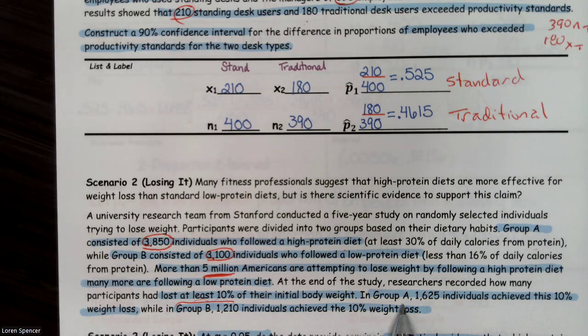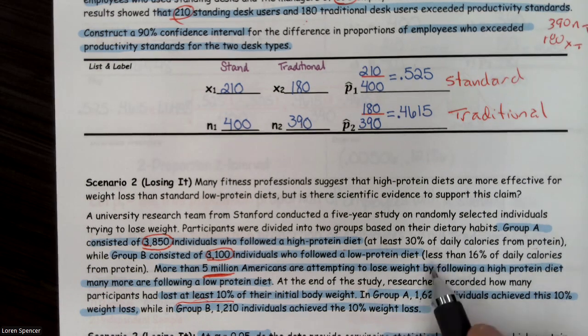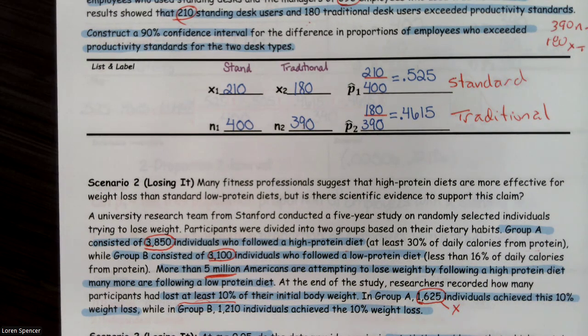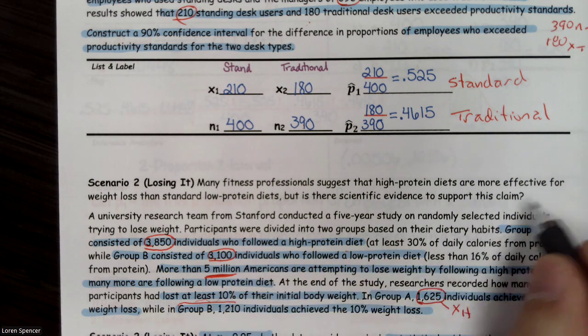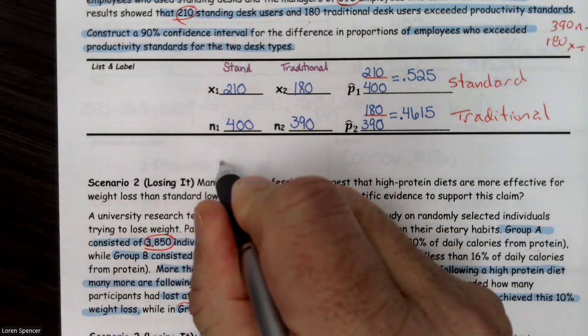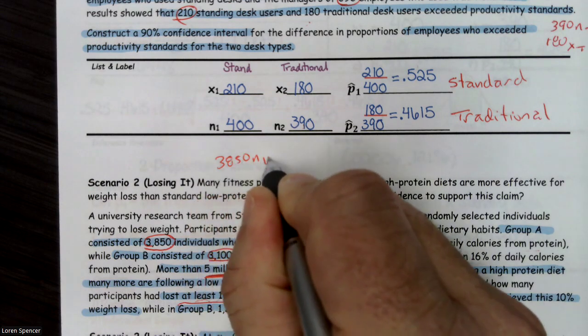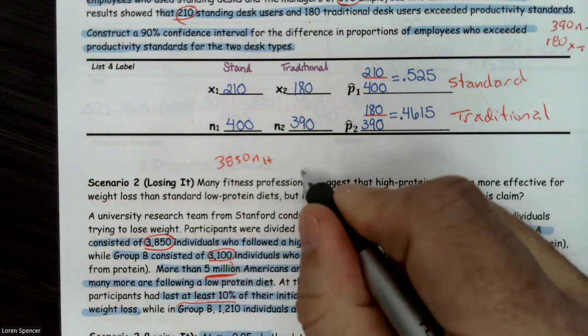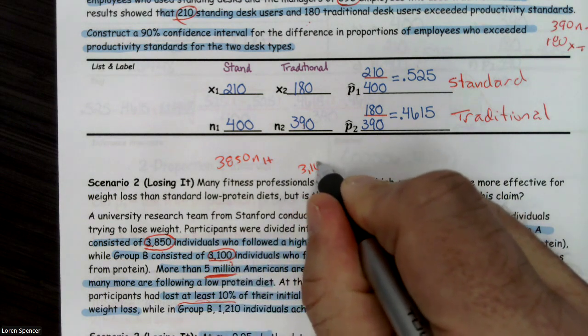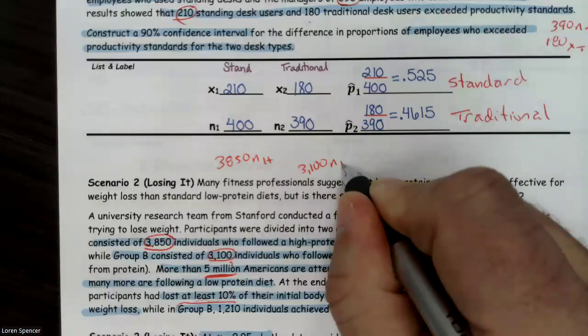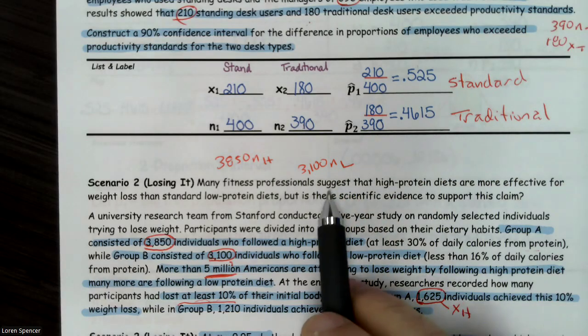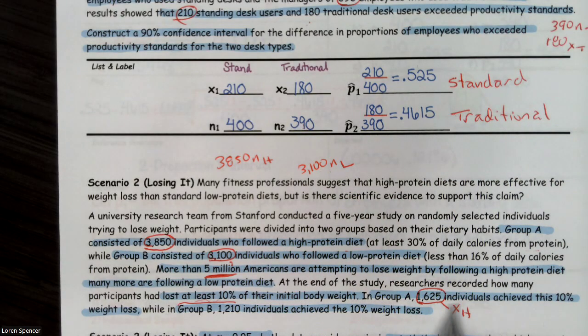In group A, the high protein, 1,625. Okay, so this sounds like my X for the high protein. I'm going to put XH for high protein. I'm also going to take a moment and write 3,850 as my sample size and put an H for high protein, and 3,100, that's going to be my sample size for the low.